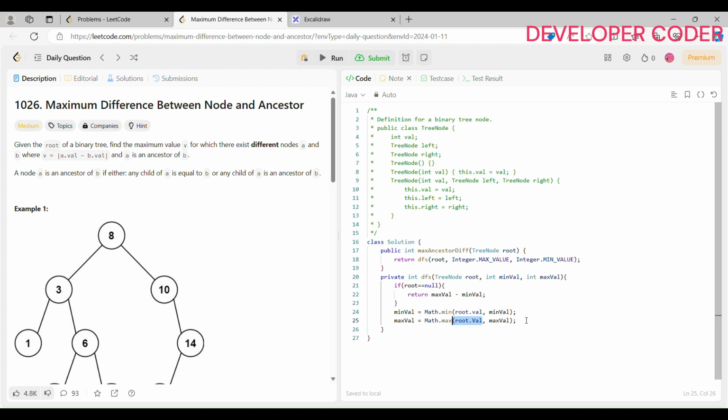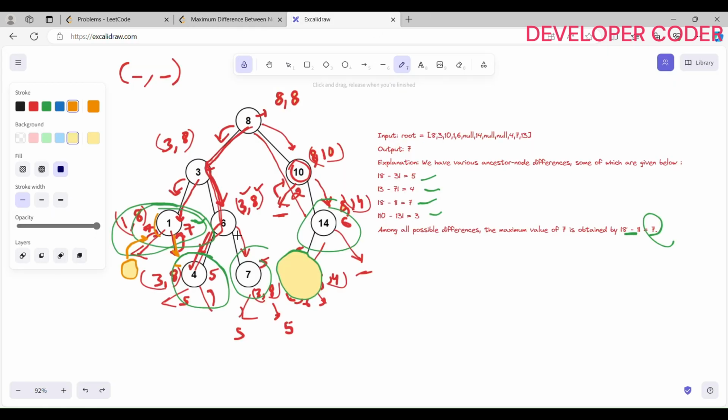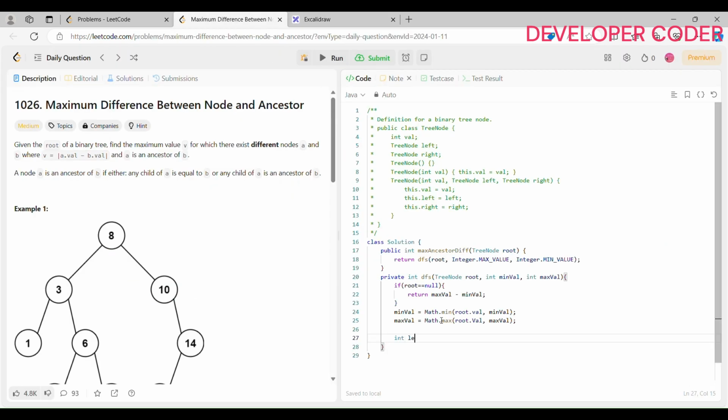Now after that, if I want to get the left difference, so if I want to check for this left node, I am going to use root.left. Int left difference: to get it, I'm going to call this method again, DFS, and in the root I'm going to pass root.left, with the same min val and max val.